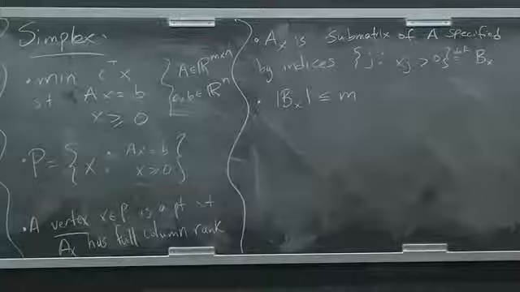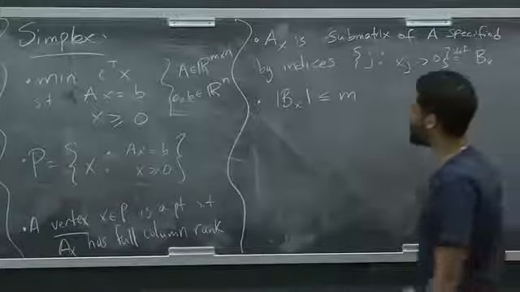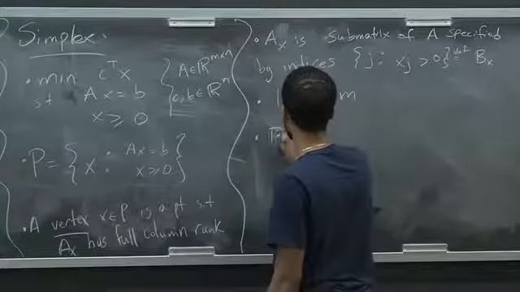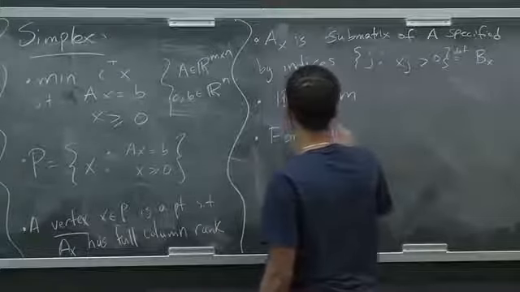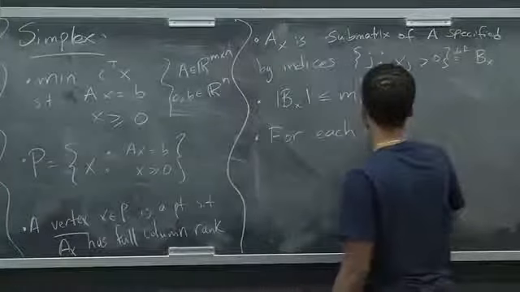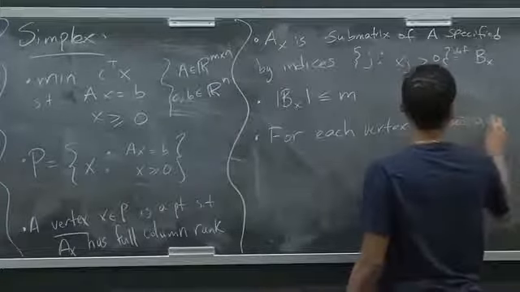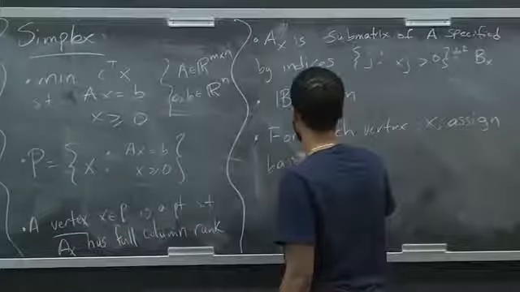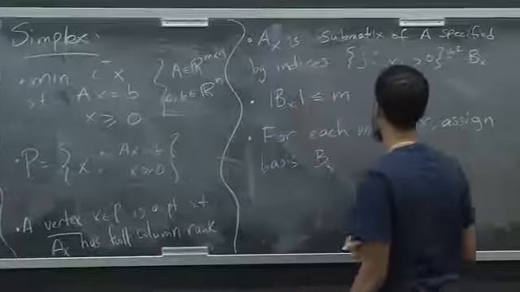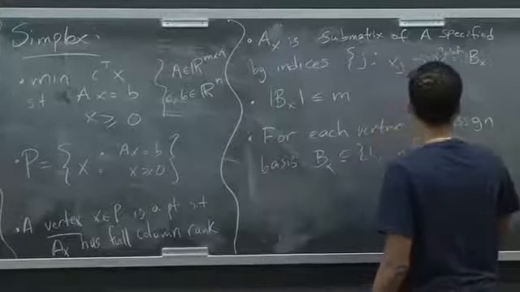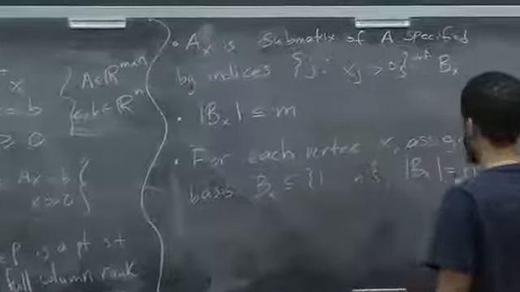Okay, so the basic idea of simplex was then, for each vertex x, assign a basis B(x), which is a subset of 1 to n, such that the size of B(x) is exactly m.